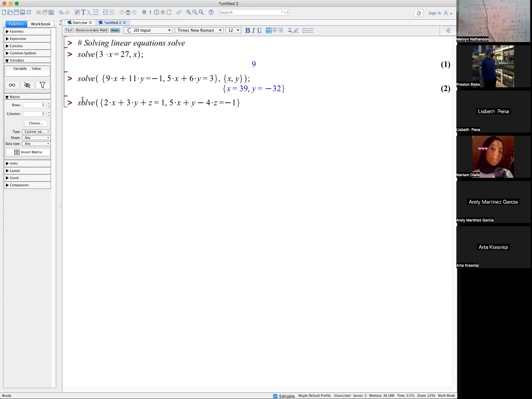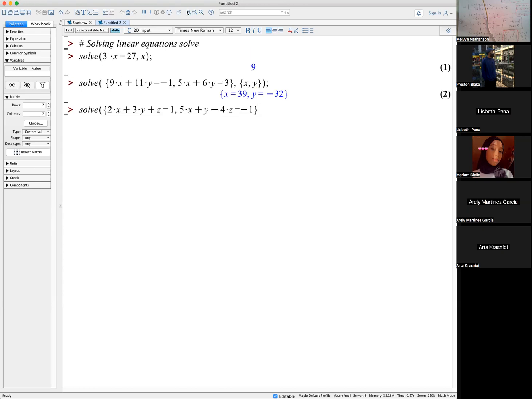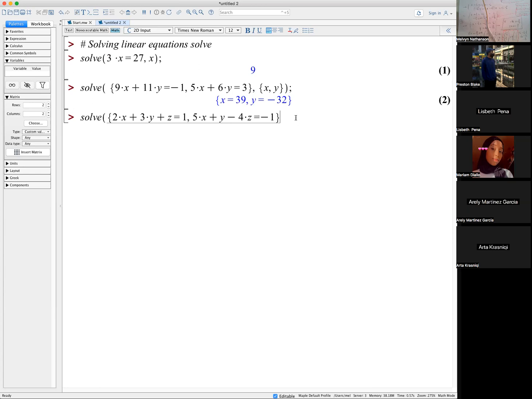Those are my 2 equations, which I put in curly brackets. A little bigger so it's easier to see perhaps. Comma, and then in curly brackets, the 3 variables I'm solving for, right parenthesis, semicolon.